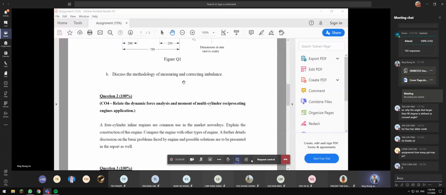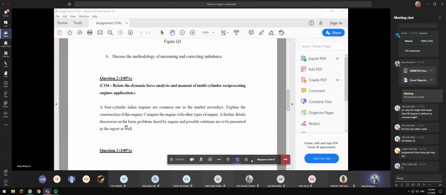Then question 2 is more like a write-up from a reading. Most of the cars in the market are 4 cylinders, but we are seeing more and more cars going for 3 cylinders because of the emission restrictions and rules applied to the industries. But the majority are still 4-cylinder engines.